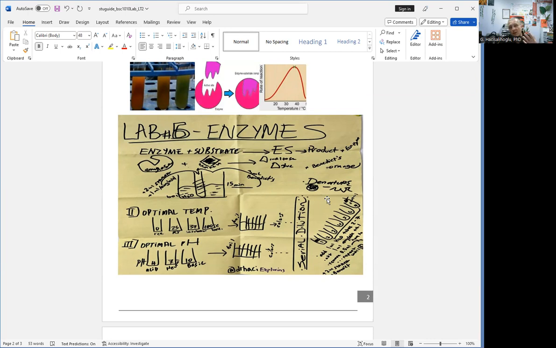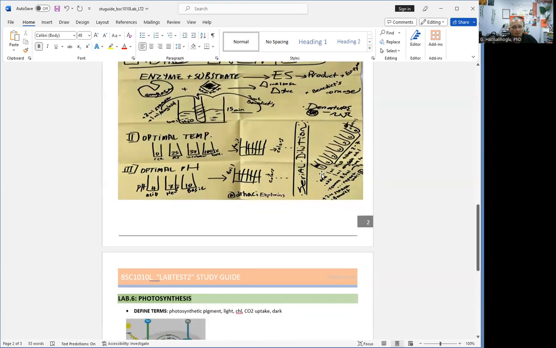Remember, this is an enzyme in the mouth, in saliva, so our expected optimal temperature will be around 37 degrees because that's body temperature. Optimal pH is again around 7, that's neutral pH. And then the serial dilution is the same idea, but this time serially diluting the enzyme. That was lab number 6.